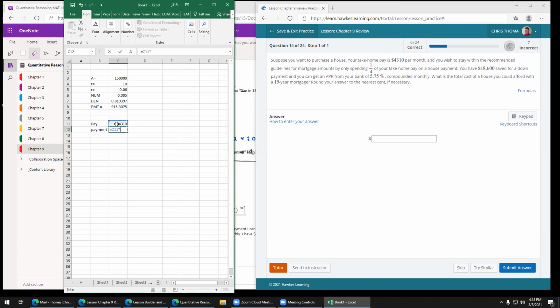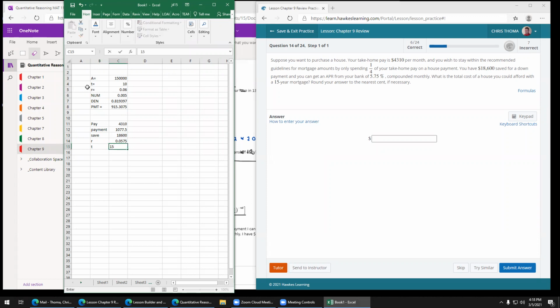That's how much we can pay on the house. We have a down payment of 18,600, saved. And we've got a rate of 0.0575, and our time is 15 years.